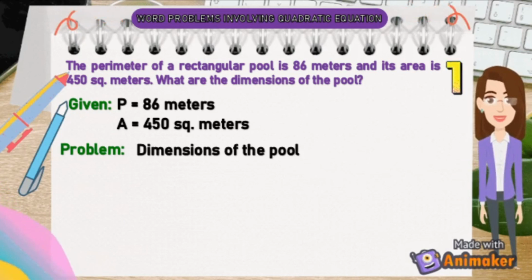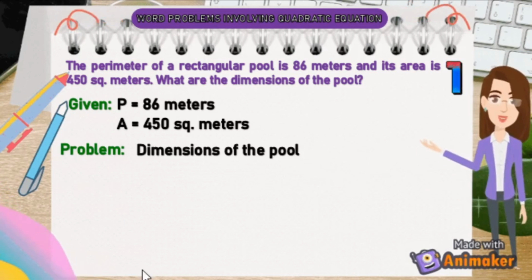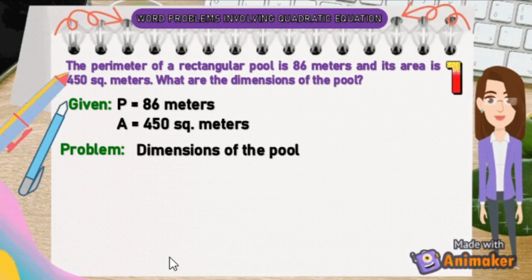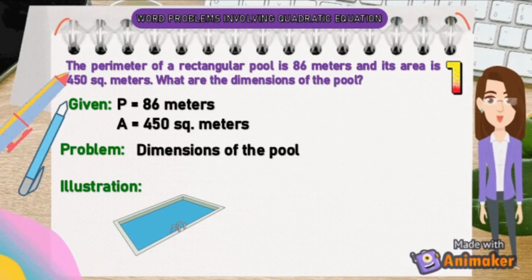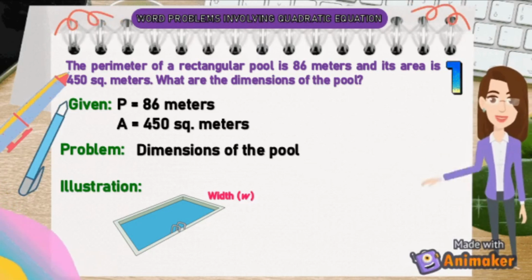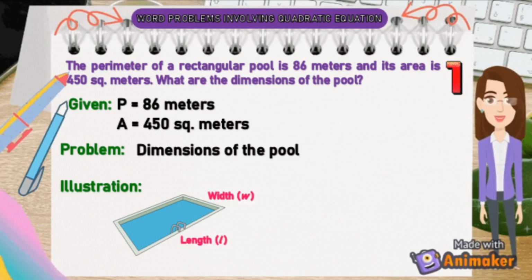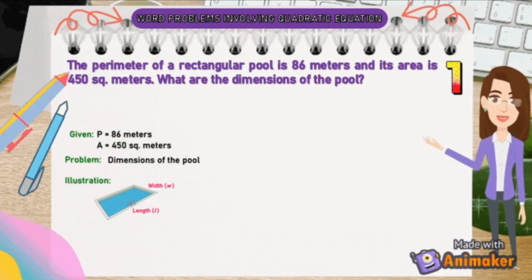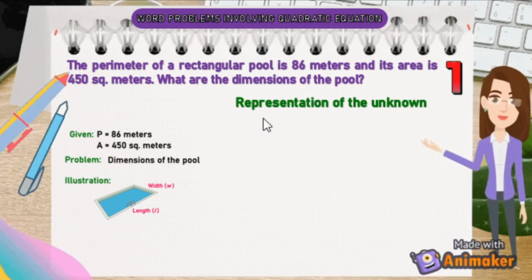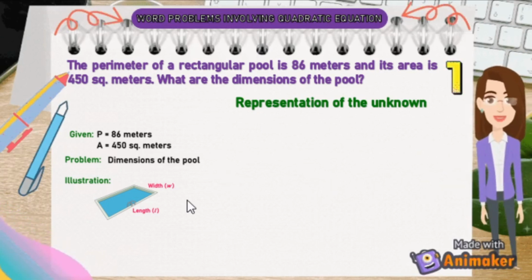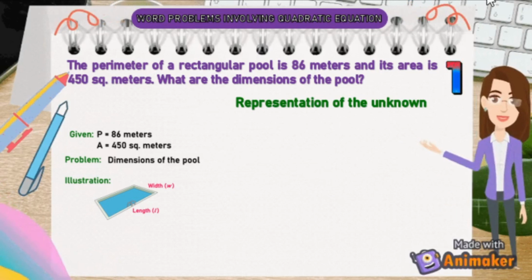Since rectangle ang ating pool, so therefore, we will have length and width. And if we are going to illustrate or draw our problem, syempre dapat meron tayong rectangular pool with width and length. And let us represent our unknown variable in our problem. So, syempre, ang unknown dyan ay ang ating length and width.